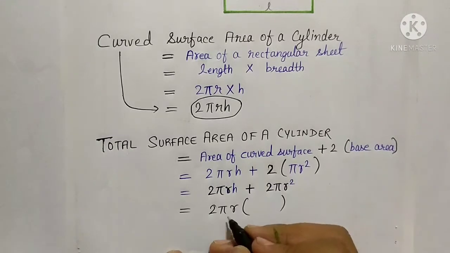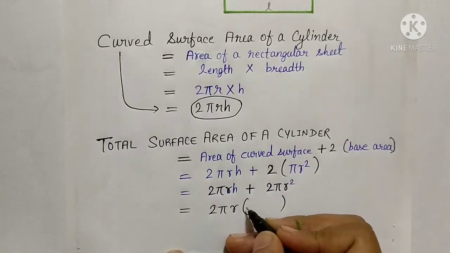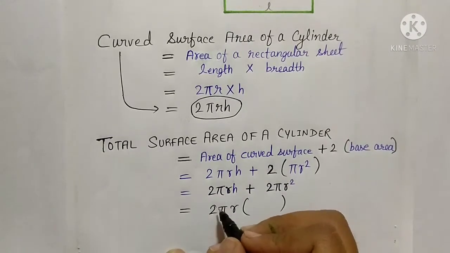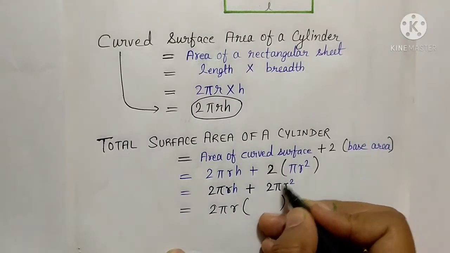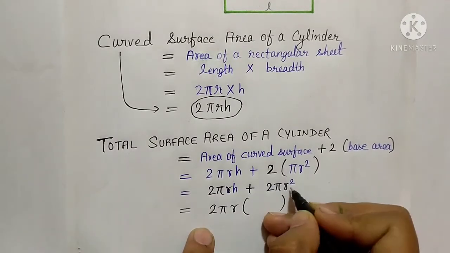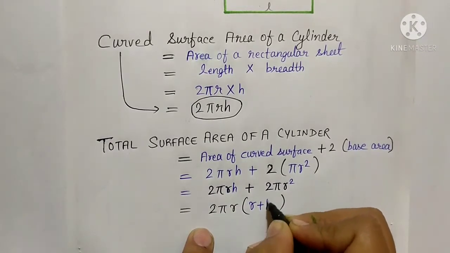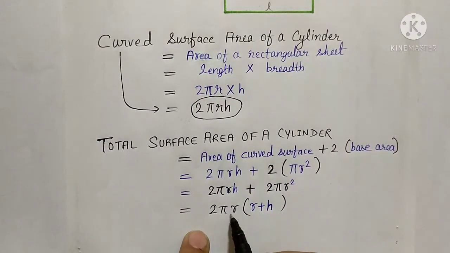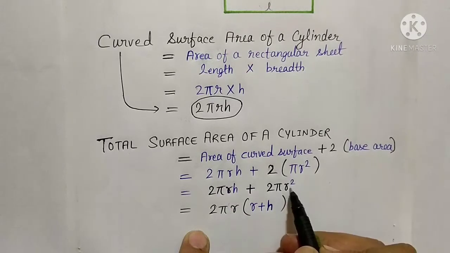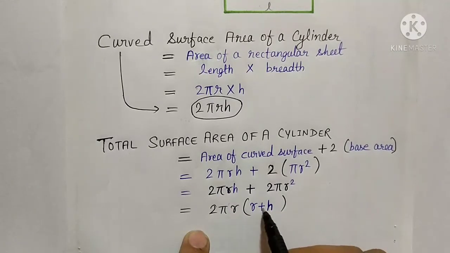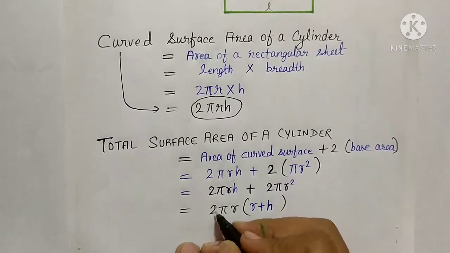What do we multiply 2 pi r by to get 2 pi r h? There is a single r, but we need 2 pi r square, so we multiply by r, and 2 pi r into h gives 2 pi r h. So it becomes the same formula.